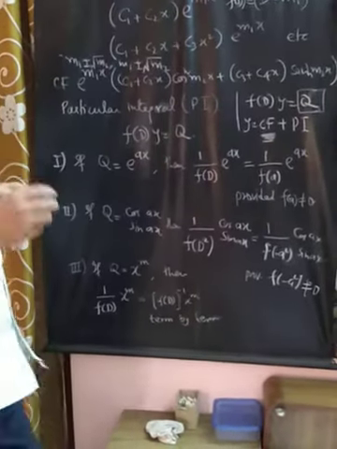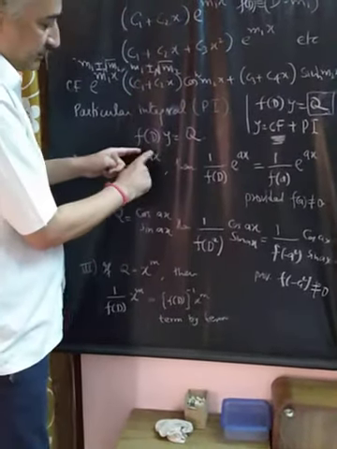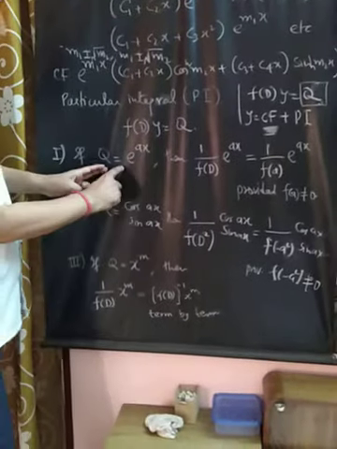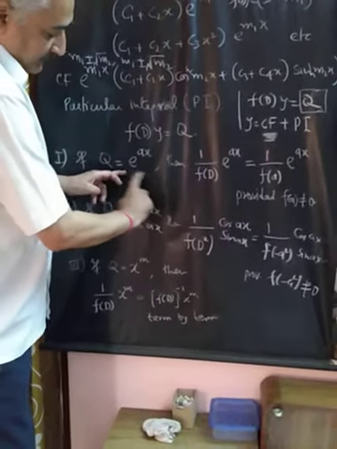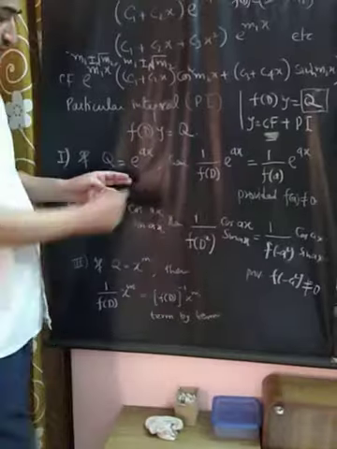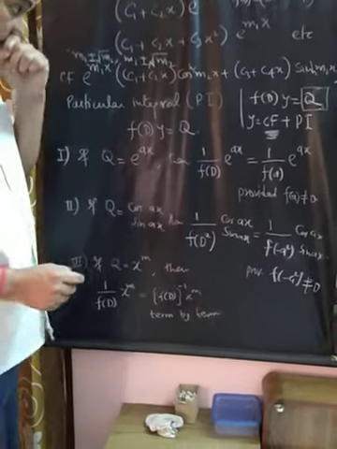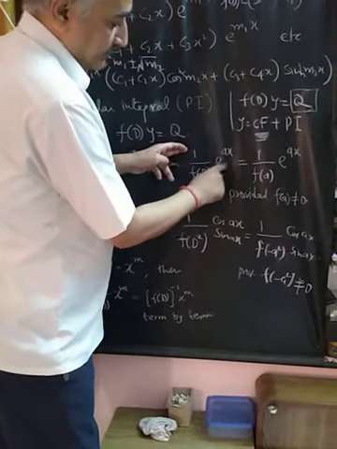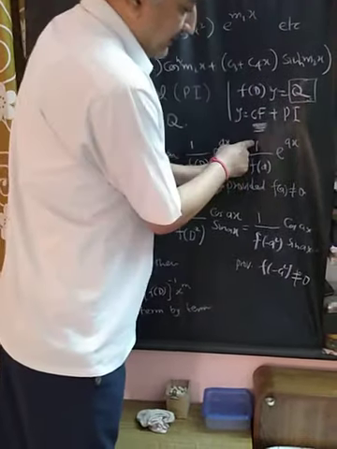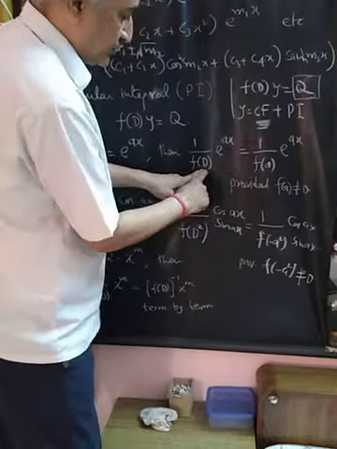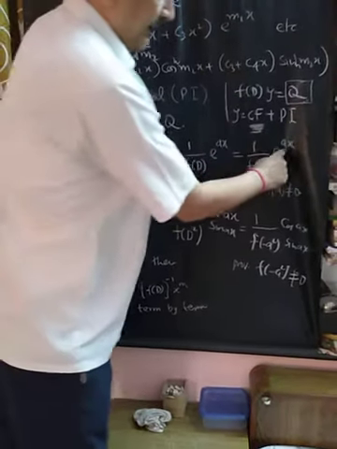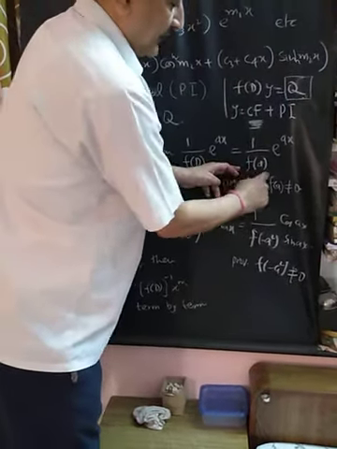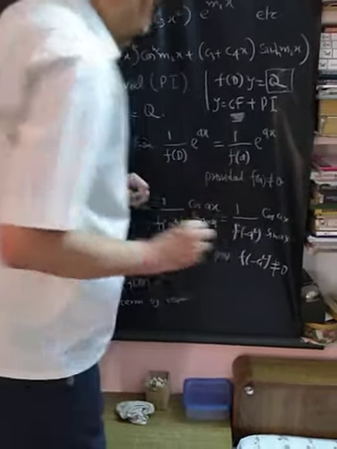The first form is that if Q is an exponential function of x, for example e^(ax), then the particular integral, 1 upon f(D) e^(ax), will be 1 upon f(a) e^(ax), replacing D by a, provided f(a) is non-zero.